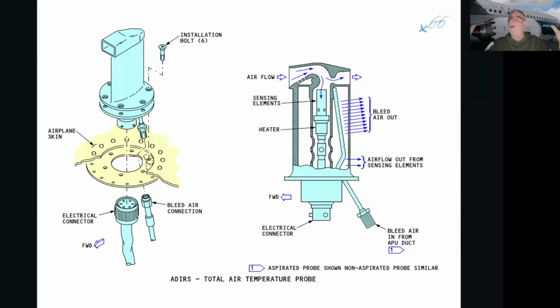The local atmospheric pressure is not always 1013 millibars or 29.92 inches of mercury. So therefore we need an indicator. We need one of these instruments to be able to tell us the TAT at all times.